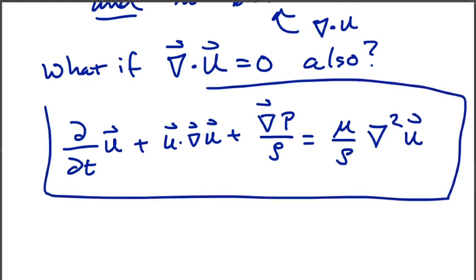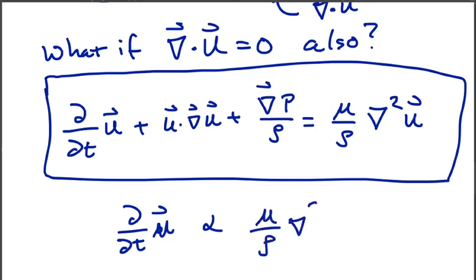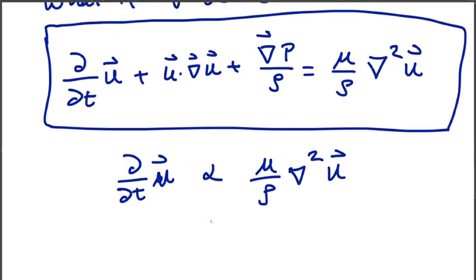And we can tell now the character of what diffusion does by looking at our first term, d by dt of u vector. This is proportional to mu over rho del squared u. And we can recognize that that has classes of solution.